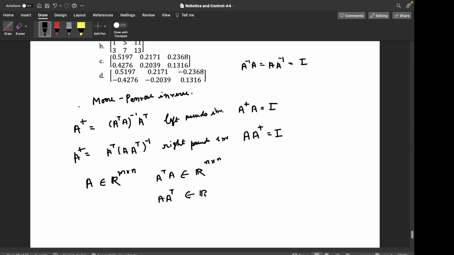So for these two matrices we can do the usual inverse, and that's why we are using the usual inverse symbol here.